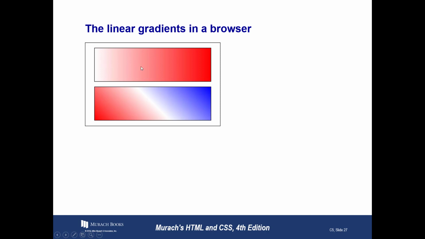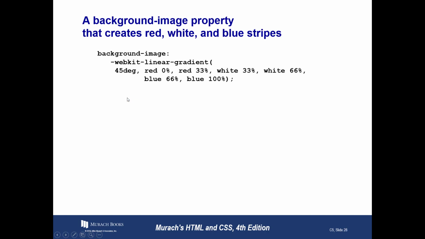All right, you can see how that's going here, how that's going here. You can have them go in a horizontal direction, in a vertical direction. It's almost limitless what you can do. Now you'll notice here that it says minus WebKit minus linear. Not all browsers support gradients in the same way. Pretty much they do today.